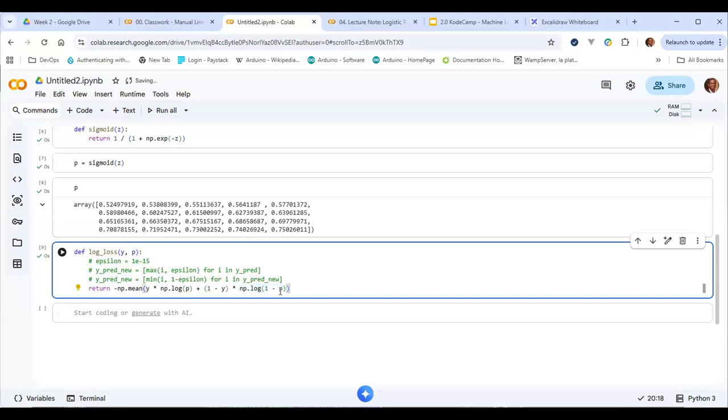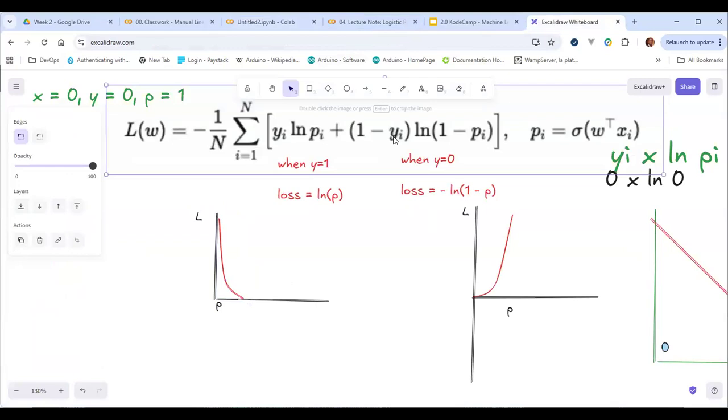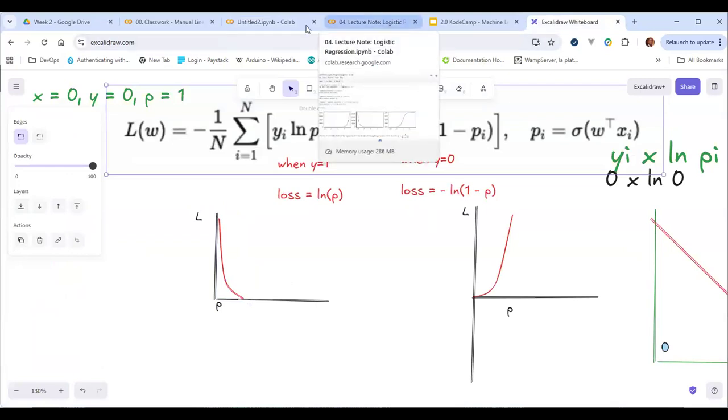Again, it can cause problems with your code. So we also try to ensure that P does not get to be exactly 1. So that is the essence of this. For your information, I'm just simplifying it now so that you see that this is the same thing as the equation which we had used here earlier, just for the information.